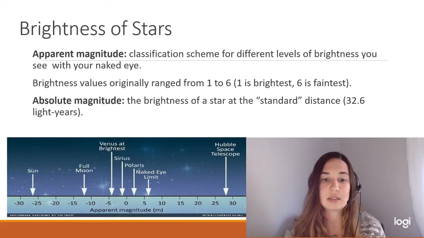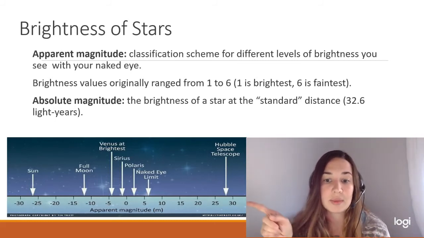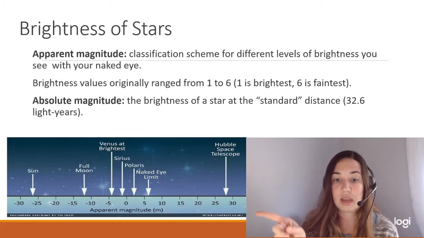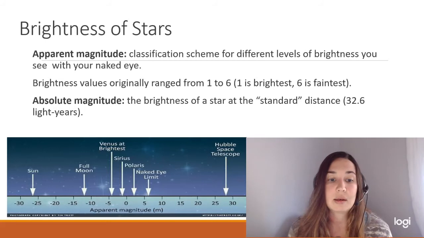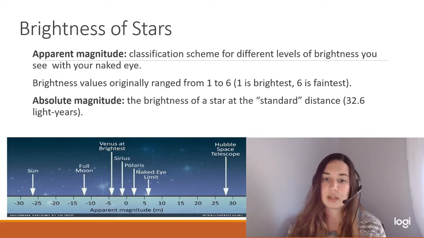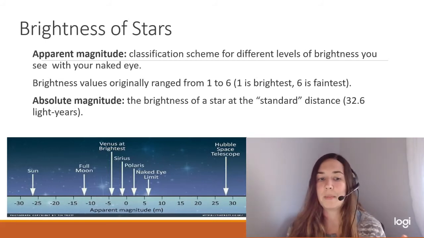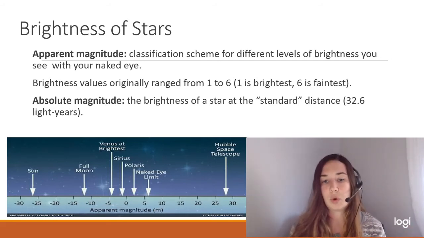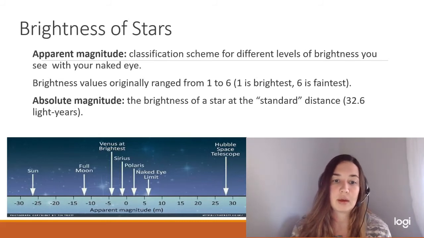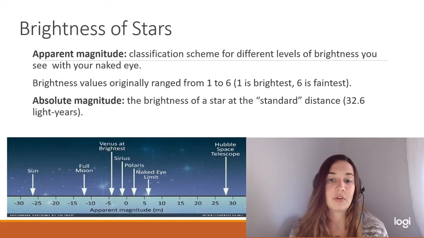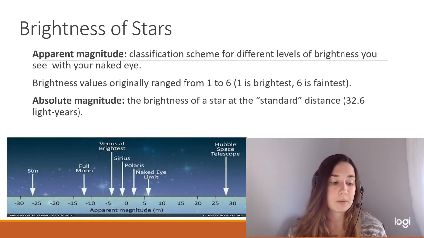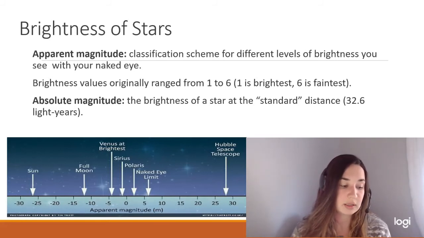And you can see here in this image on the side, this is our apparent magnitude classification scheme. In this particular image, it goes from negative 28 all the way to 28. Well, originally, the scale only went from 1 to 6. So the brightness values were only running from 1 to 6 originally.